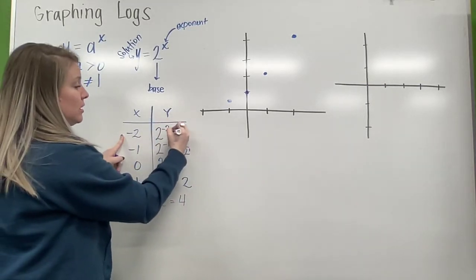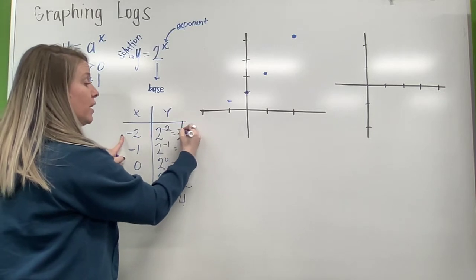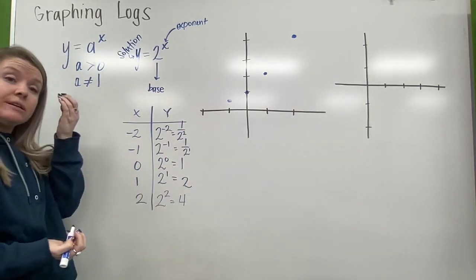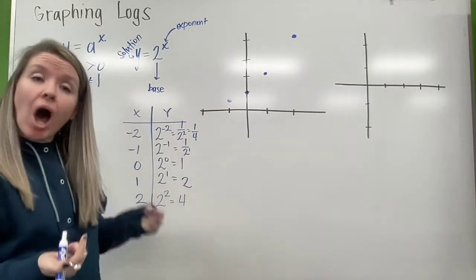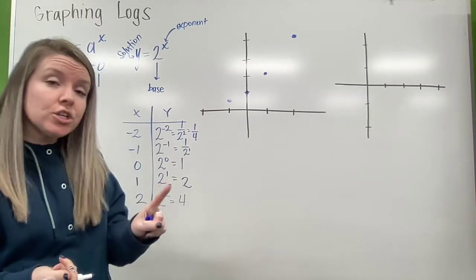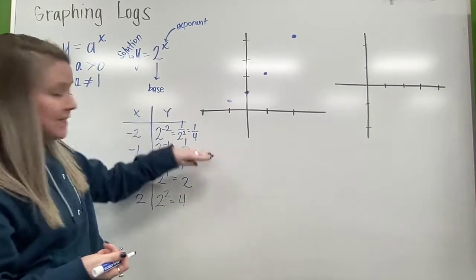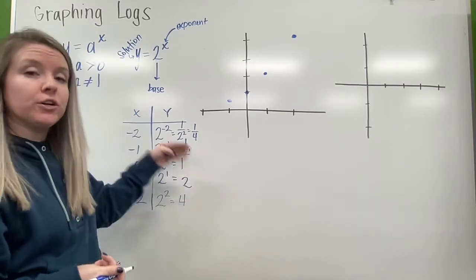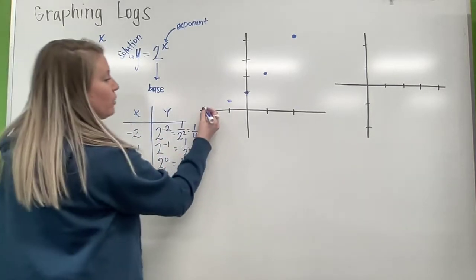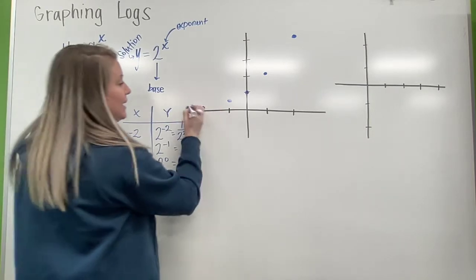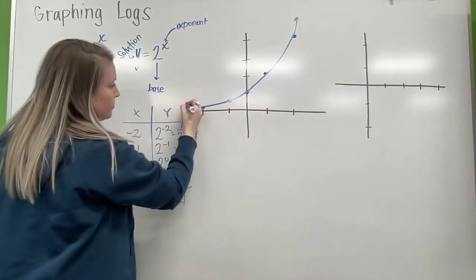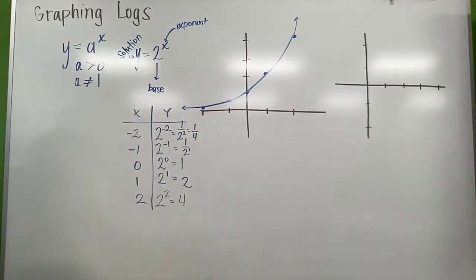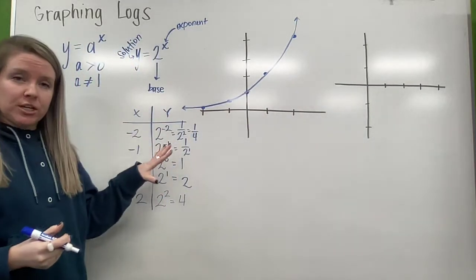For -2, it becomes 1 over 2 squared, and 2 squared gives me 4. Again, it's a positive value, which is important to know, and it's in the denominator. So we get 1/4. And I get a graph that looks like this. This is my exponential function.